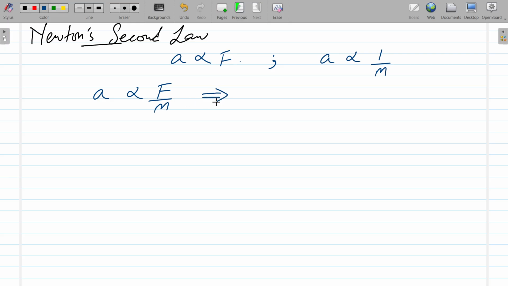We can flip that around, as we can do with all equations of proportionalities, and we can say that force is directly proportional to the multiple of mass and acceleration. Basically what I did is I took that, switched it over, so what is in the denominator goes up as a numerator. The proportionality remains the same.